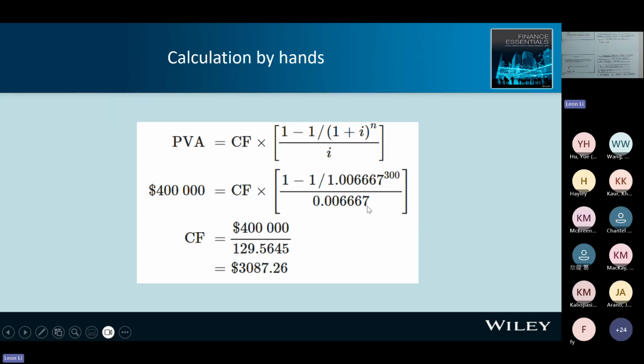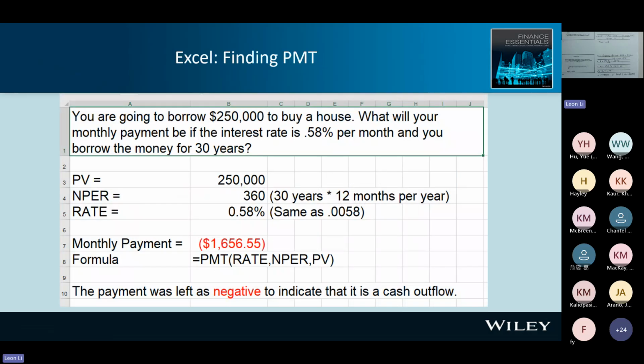Then we move all the numbers to the right-hand side and the unknown variable to the left-hand side. This is our final result. In Excel, we can use the PMT formula to do the calculation.